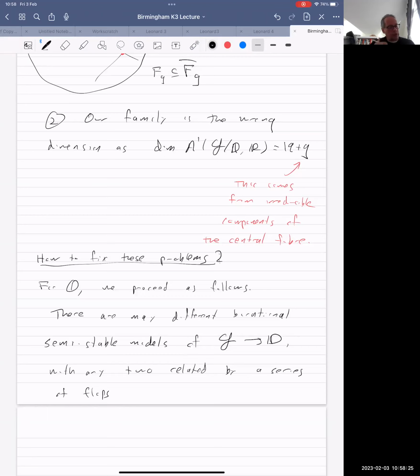So this is something that in the K3 case has been well understood since Kulikov's work. And in a sense, that was some of the origins of the whole program of minimal model theory in higher dimensions.